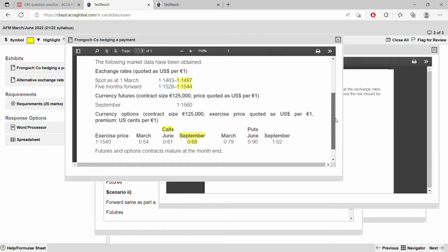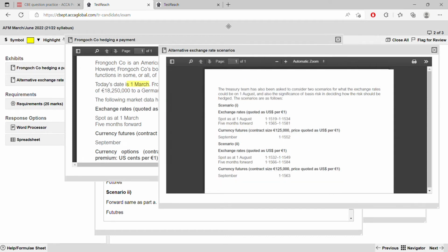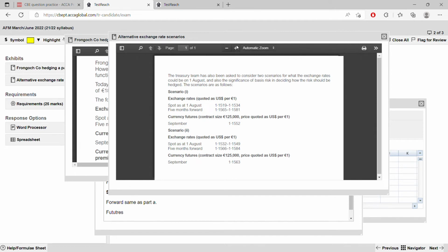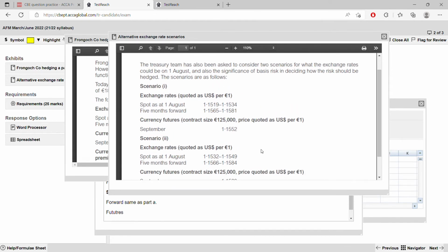I'll zoom this out. So here, if you compare the spot, this is the future price, right? 1552 minus this spot. If you compare this and this, the difference is 18 basis points.